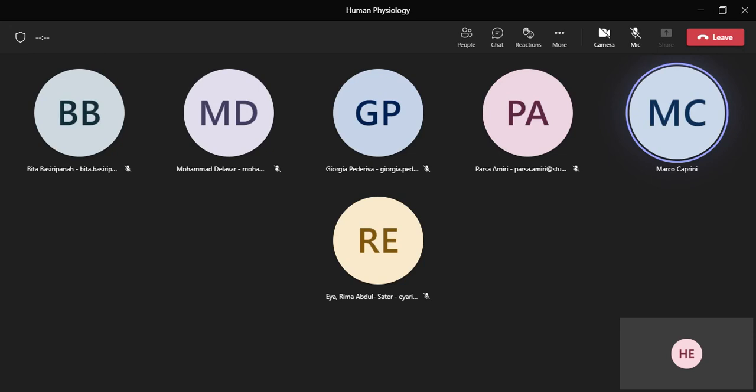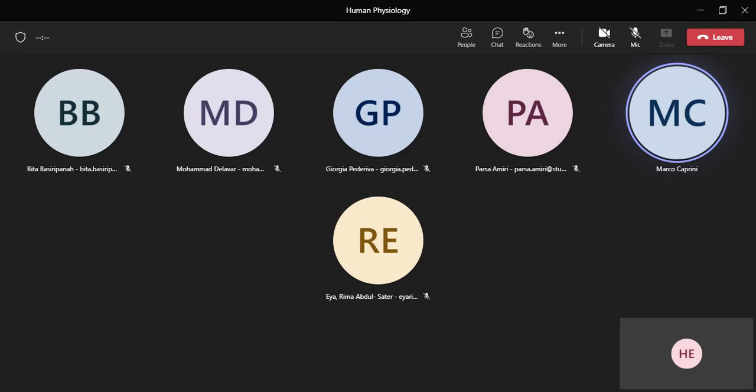let's just recap a little bit the last lesson. We finished with the different steps during the muscle contraction.